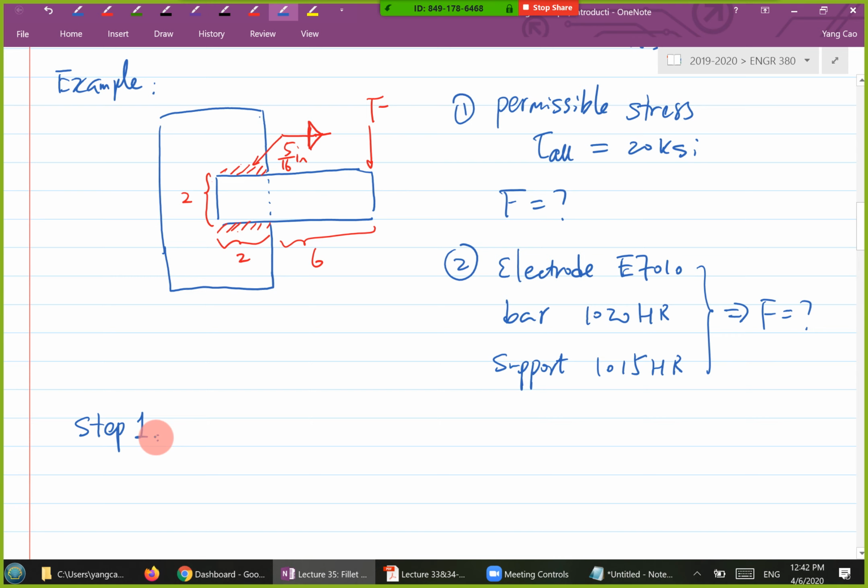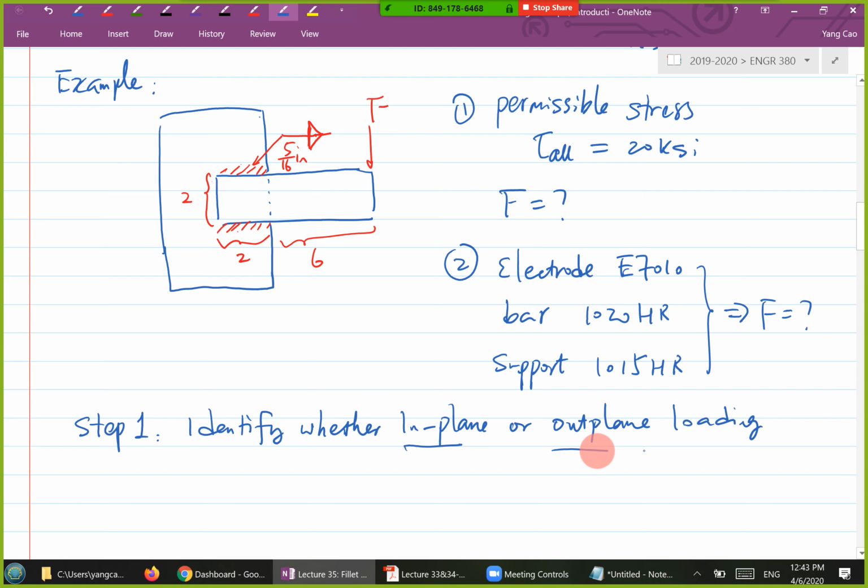Step one is always to identify whether it is an in-plane loading or an out-of-plane loading. This is very important, because if you get the first step wrong, then the rest of the calculations will all be wrong.